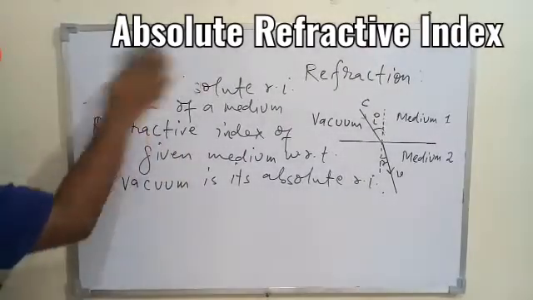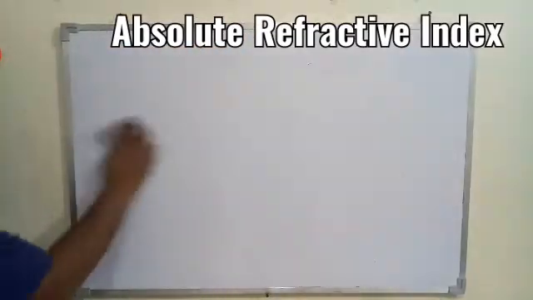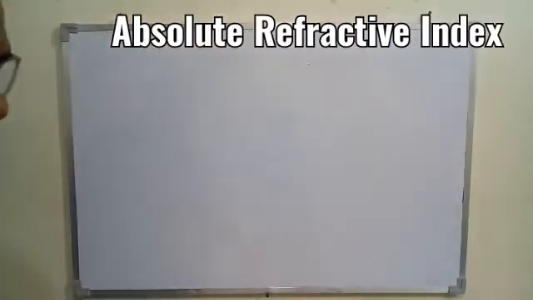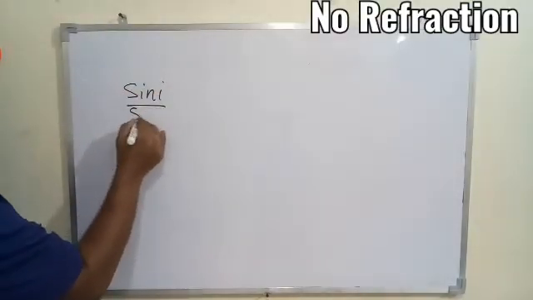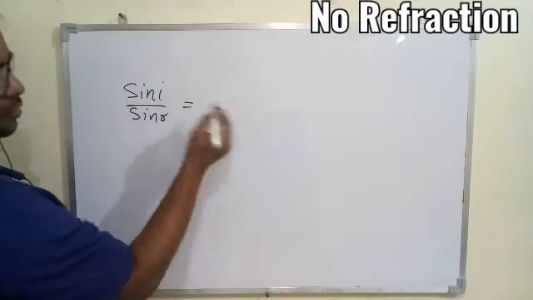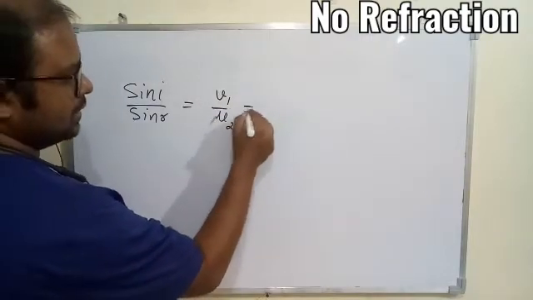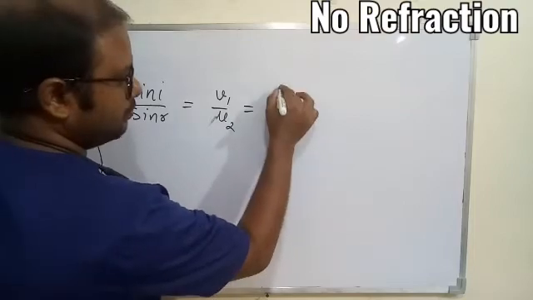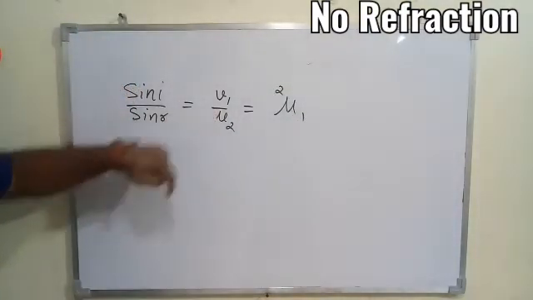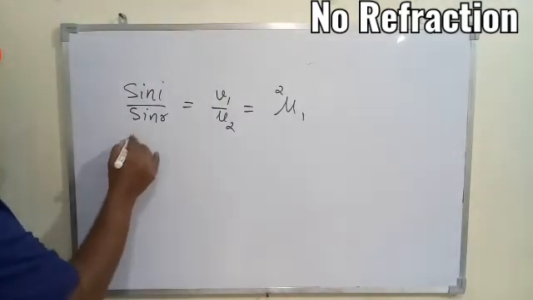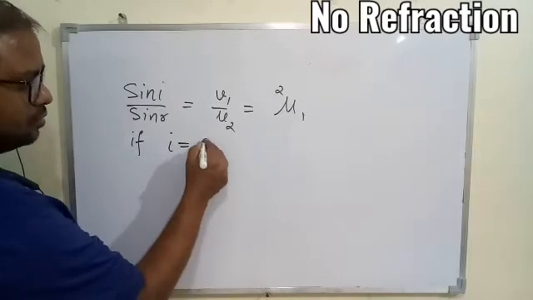Now let's go for some different cases. We understood that sin i upon sin r is equal to v1 upon v2, that is equal to the refractive index of the given medium with respect to the first medium. Simple. Now just take an example: if i is equal to 0 degree.